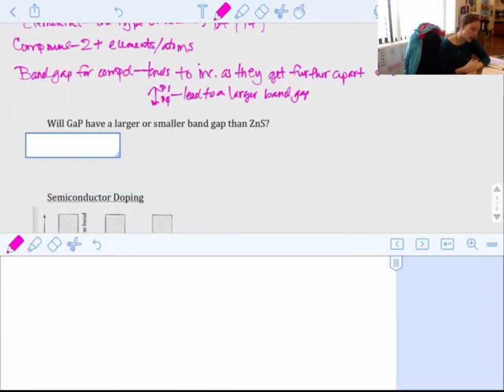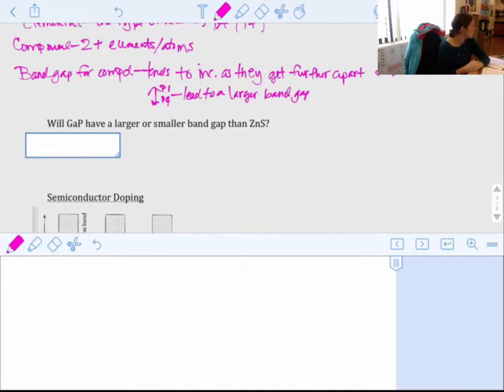Okay, so will GaP have a larger or smaller band gap than ZnS? I find zinc and sulfur, and I find Ga and P, and I look at them. What's further apart from one another? Well, I have zinc in the middle of the table, and then sulfur over there in group 16, and then I have phosphorus and Ga.